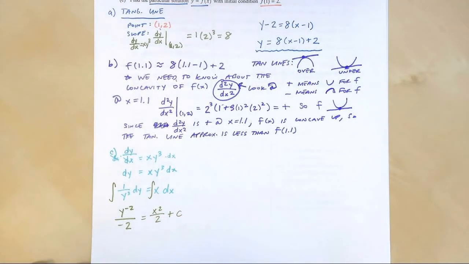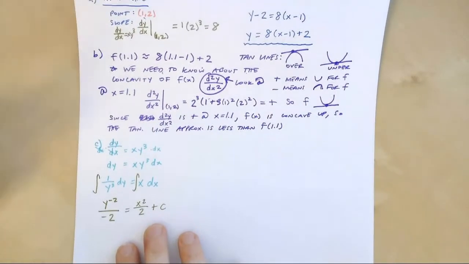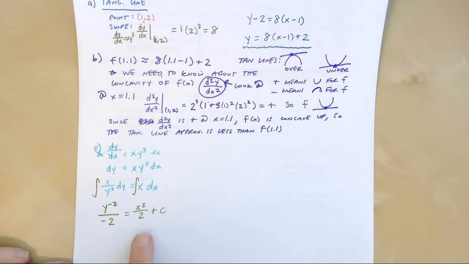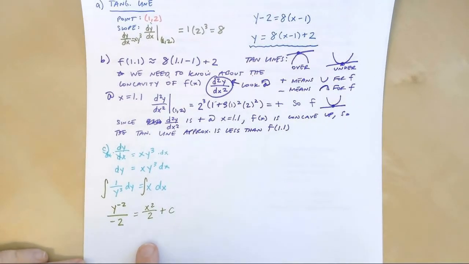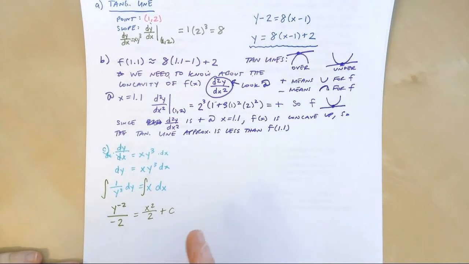Okay, so remember how on the last DiffyQ, or the last FRQ, I keep calling the FRQs DiffyQs now. On the last FRQ, we said that we can isolate y first right here, or we can also plug in our initial condition first. We're allowed to switch those steps.